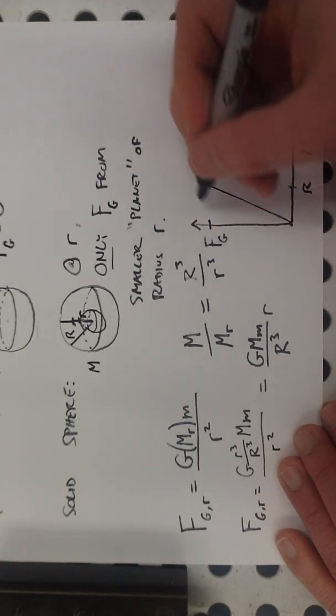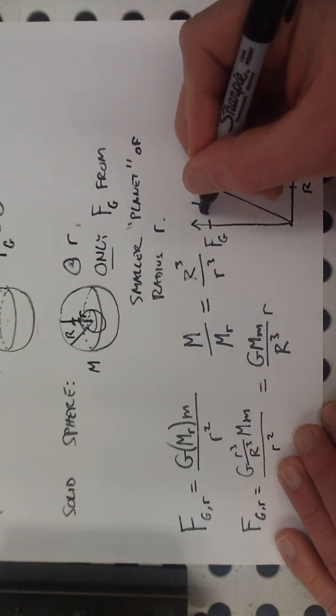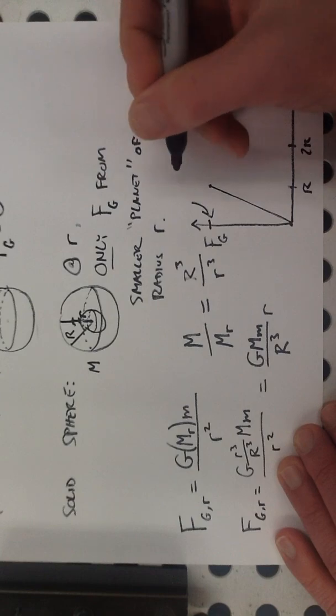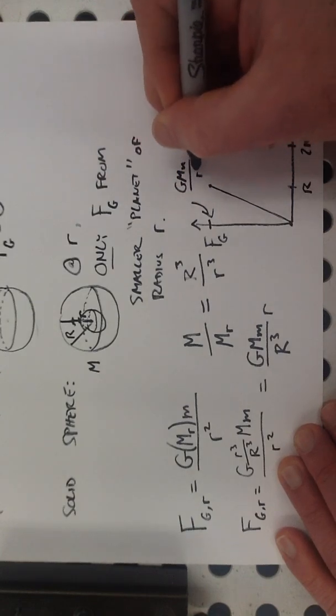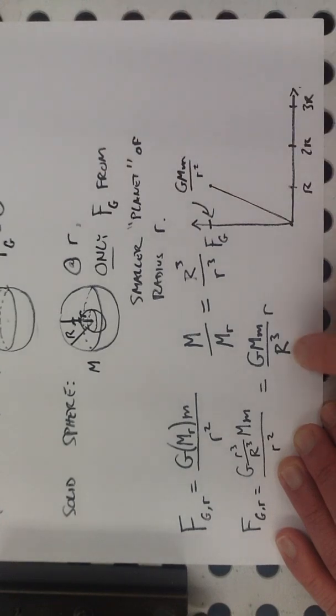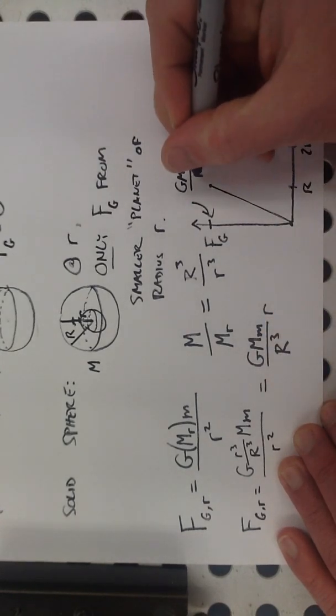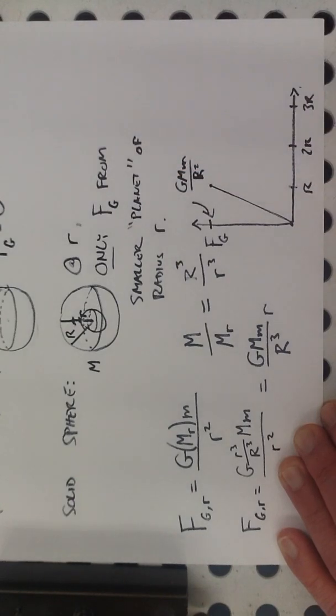And once you get to the surface of the planet, how much gravitational force is there right there? There's G M m over R squared, which of course is exactly what you get here when you plug in big R. It should be big R.